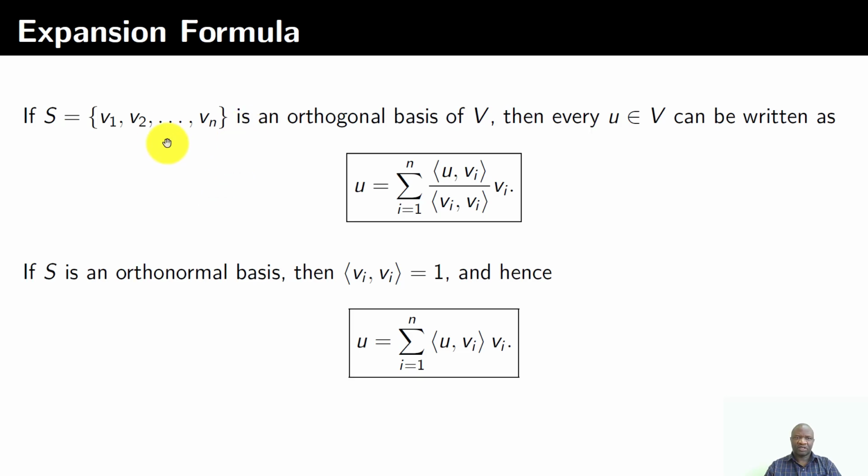If S with the vectors v1, v2, ..., vn is an orthogonal basis for V, then every vector u can be written as a linear combination, as I said before, but in shorthand it can be written as u is the summation of the inner product of u and vi, divided by the inner product of vi and vi, times vi, for i equal to 1 up to n.